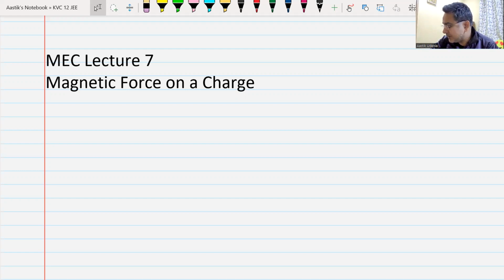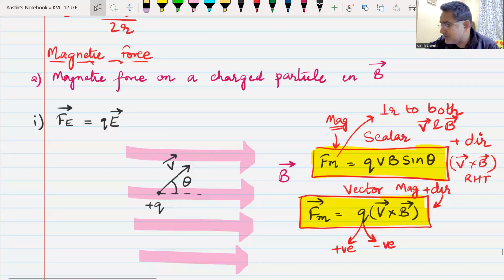In the previous class, we had seen that the formula for magnetic force on a charge is given by QVB sine theta. In terms of the scalar formula, to find the direction of force, we use the cross product V cross B. We also have the vector formula Q V cross B, and we had seen a couple of questions where we used that formula by taking the cross product.